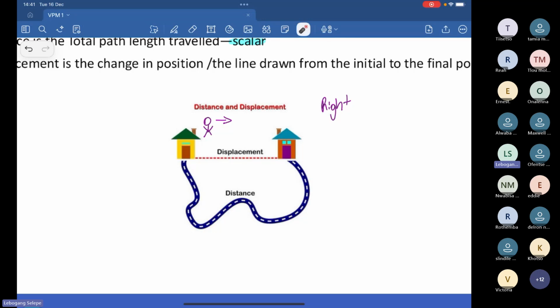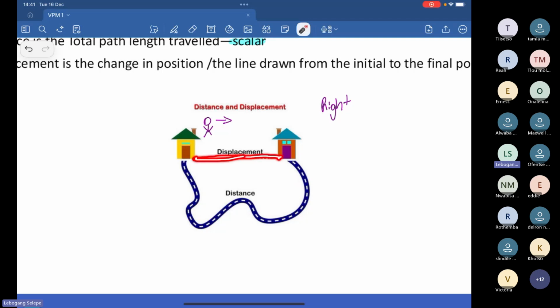But at times, the distance of an object would be the same as the displacement of the object, not always. So let me give you an example where the displacement and the distance are the same. So let's say the person, instead of following this path, walks along this path, right?